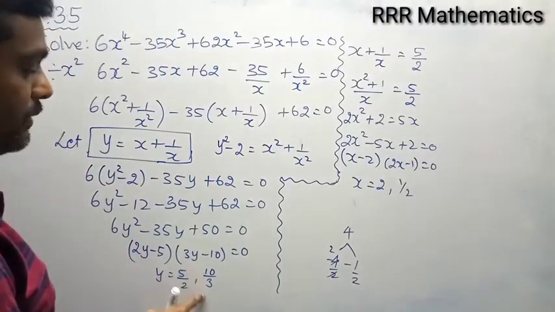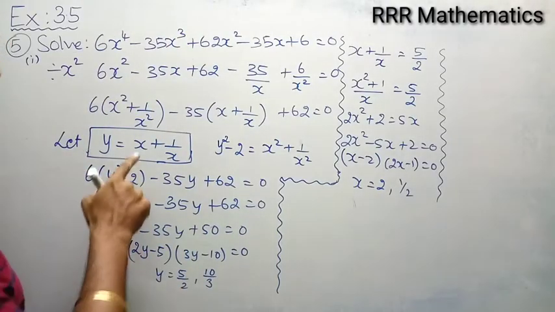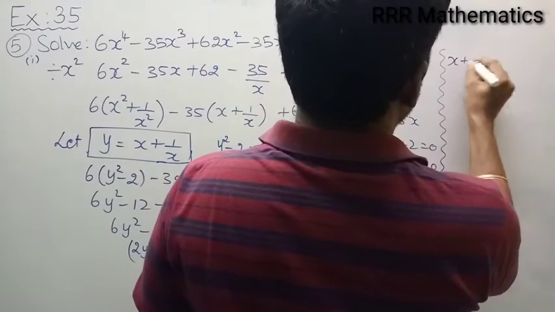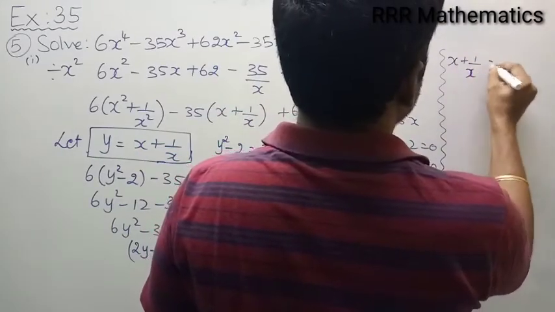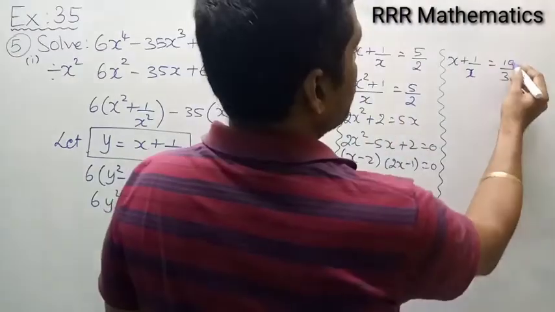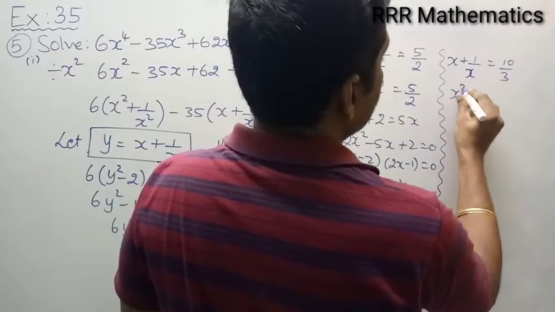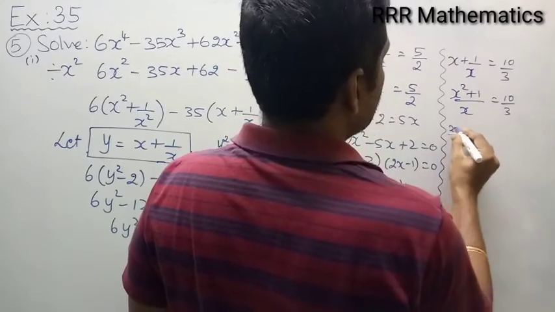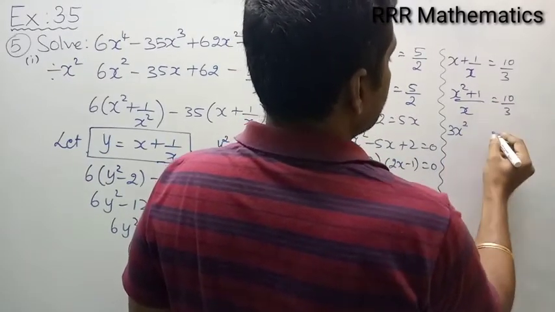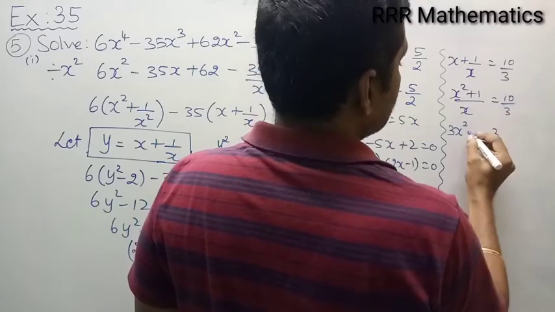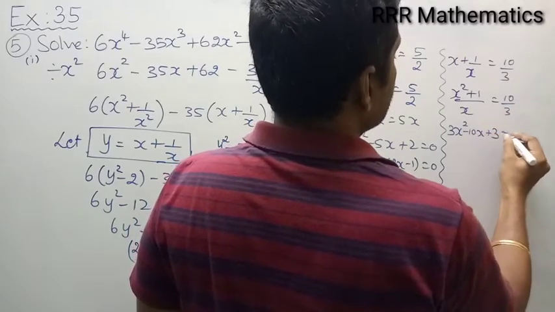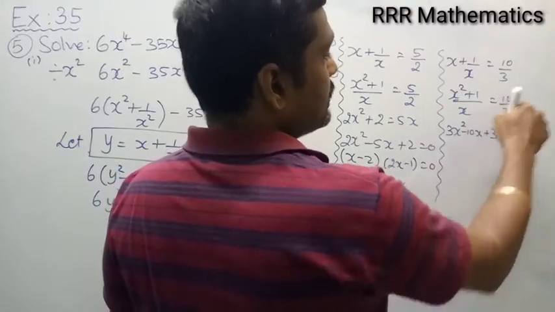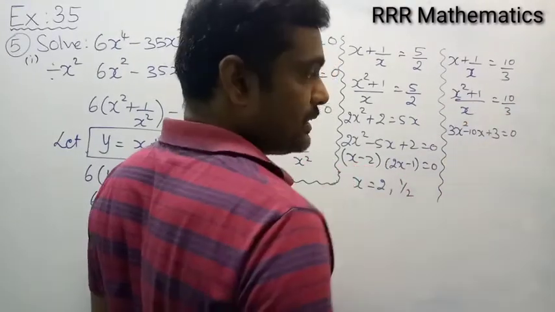Similarly, you want to equate with 10/3. Now I will equate x + 1/x with 10/3. Take LCM: (x² + 1)/x = 10/3. Cross multiply: 3x² + 3 = 10x. When 10x comes to the left hand side, minus 10x.